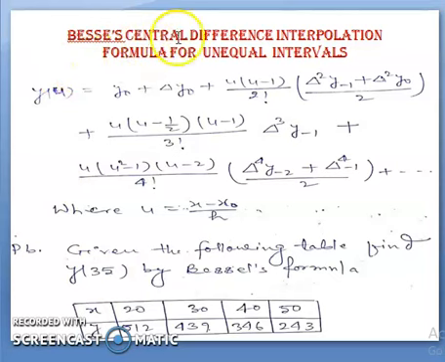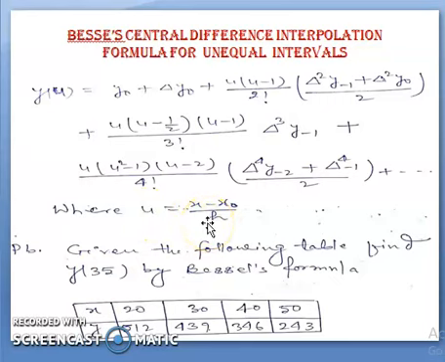Bessel's central difference interpolation formula for unequal intervals is y of u equal to y0 plus del of y0 plus u minus 1 divided by factorial 2 del squared y of minus 1 plus del squared y of 0 divided by 2, plus u minus half of u minus 1 divided by factorial 3 del cube of y of minus 1, plus u square minus 1 u minus 2 divided by factorial 4 del to the power 4 y of minus 2 plus del to the power 4 of minus 1 divided by 2 plus dot dot dot, where u equal to x minus x0 divided by h.